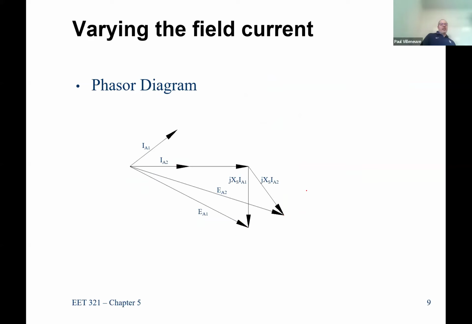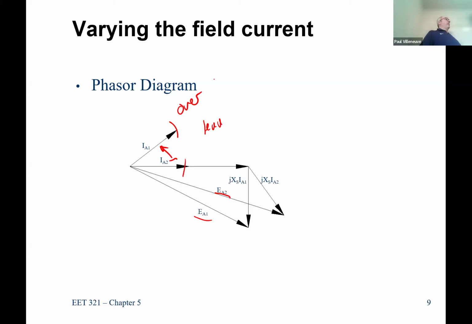So here's our phasor diagram. As we adjust our field current, we're either increasing or decreasing EA. But take a look at IA. This magnitude really hasn't changed. What has changed is we went from unity power factor up to a leading power factor, or we have overexcited the machine.